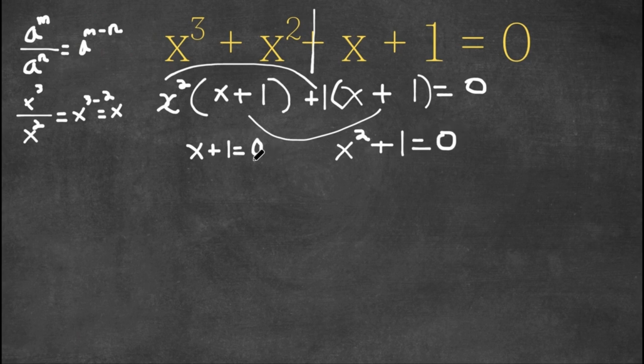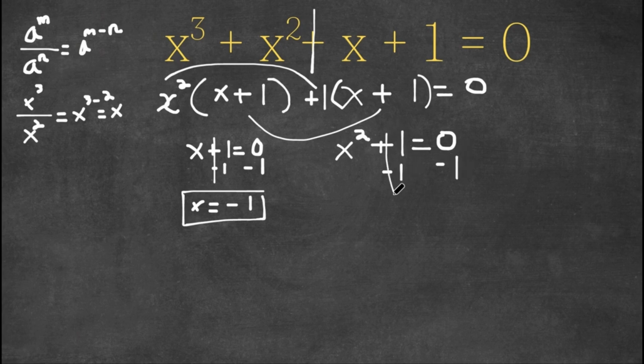So for x plus 1 equals 0, all we have to do is simply subtract 1 on both sides. This cancels out, and we get x equals negative 1. So this is one of our solutions. Now for x squared plus 1, we still subtract 1 on both sides. These two cancel out, and we get x squared equals negative 1.